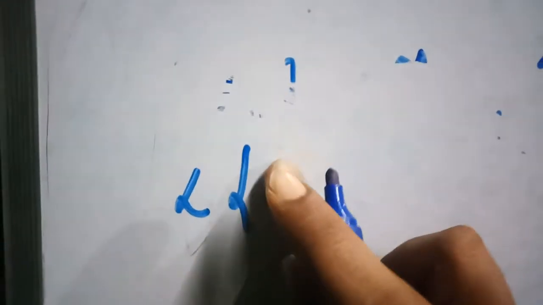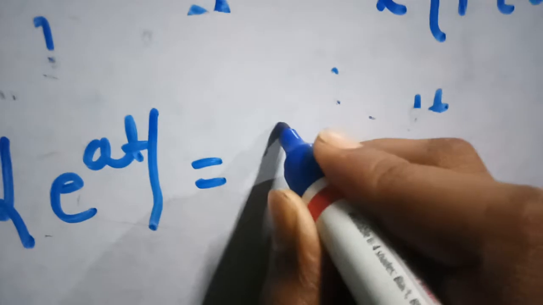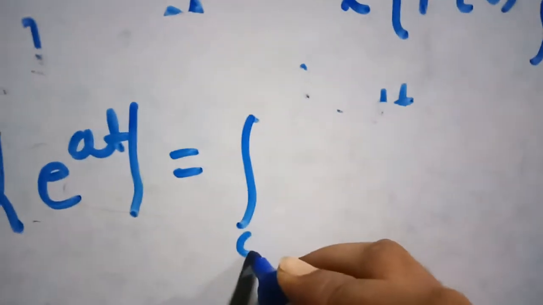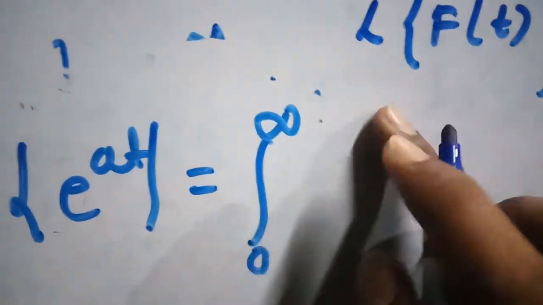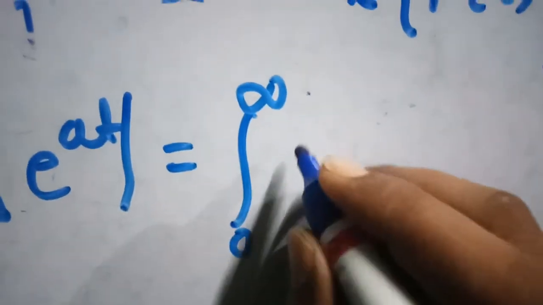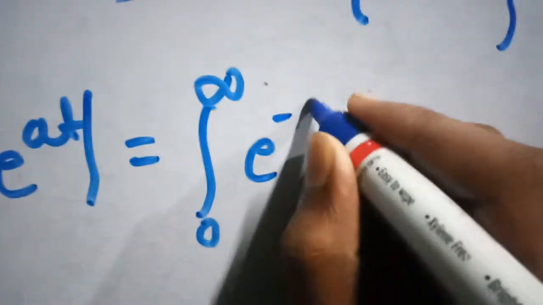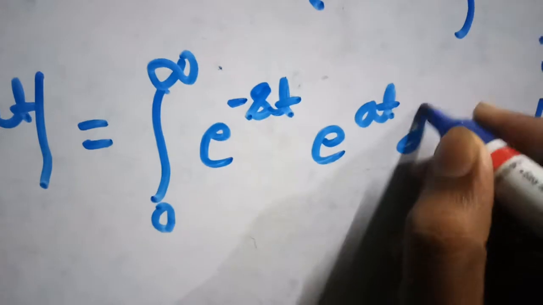So let's try to find the Laplace of e to the power at. By the formula we know 0 to infinity, but we don't use this limit. Let's see how to do it: e to the power minus st and e to the power at, dt.